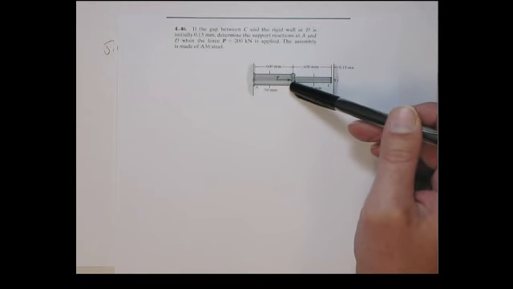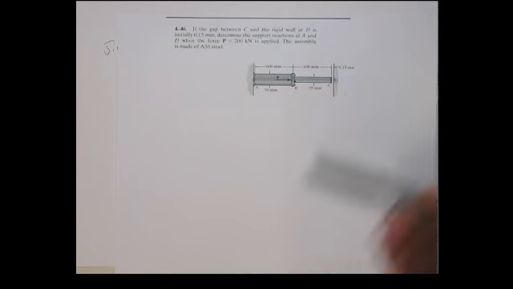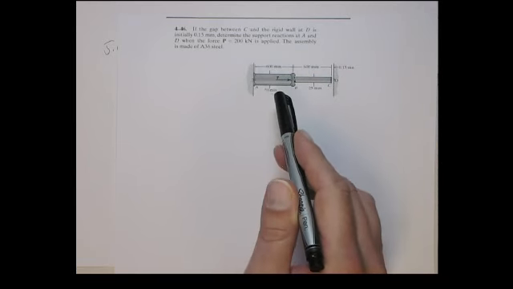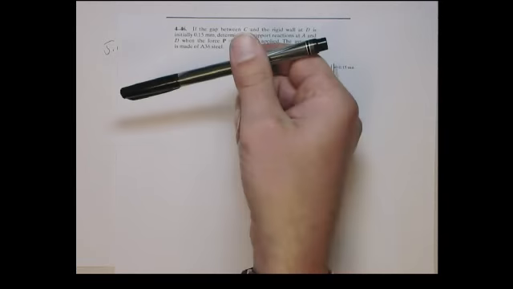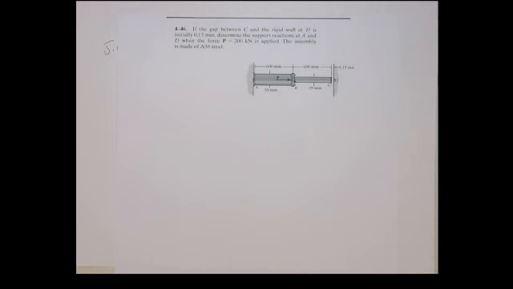If P isn't big enough to stretch that 15 millimeters, then the fact that this wall is here, it's never in contact, is irrelevant. It becomes a statically determinate problem. Then the reaction force at A is going to be the negative of P, and the reaction force at D will be 0. Technically we should first check the elongation.